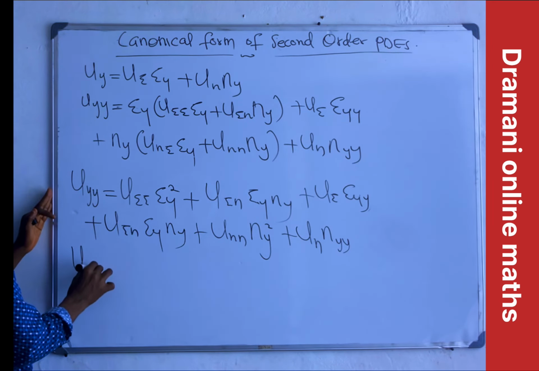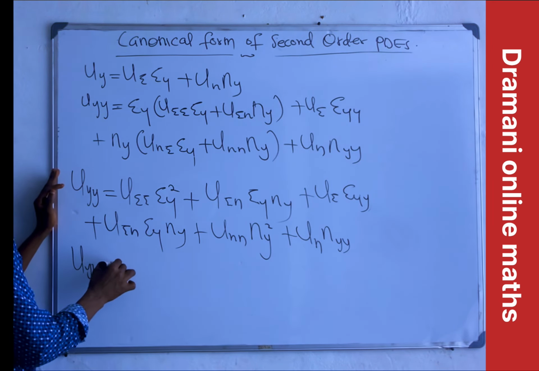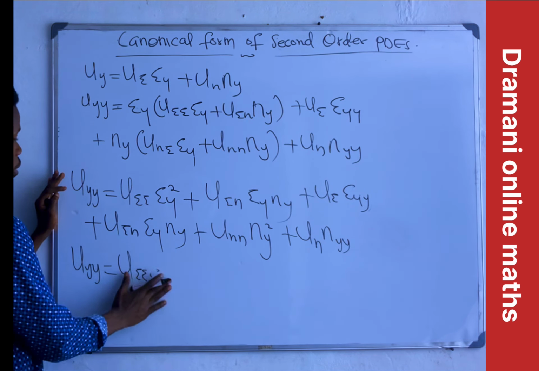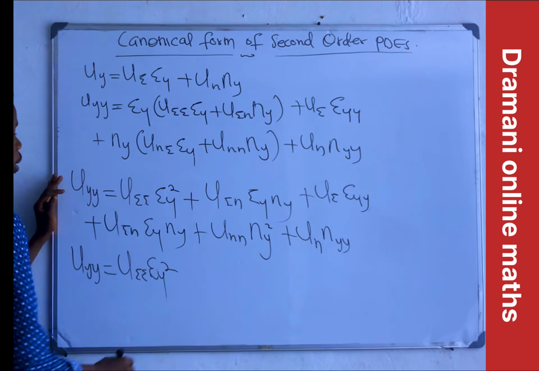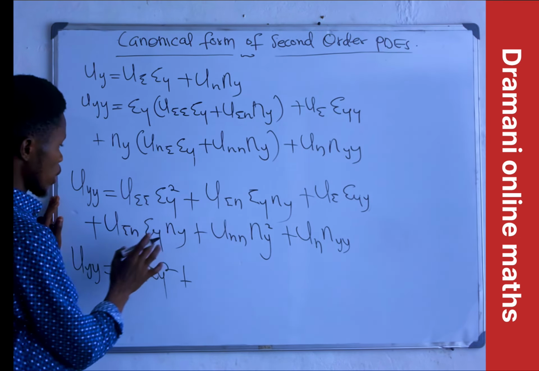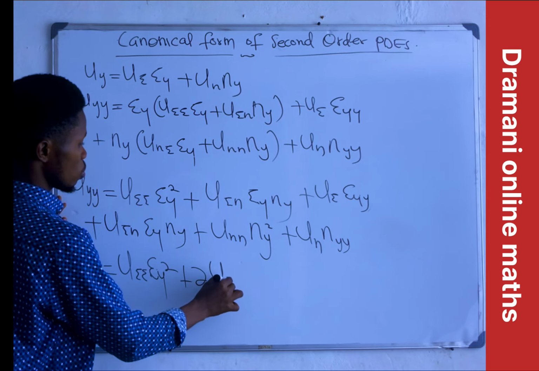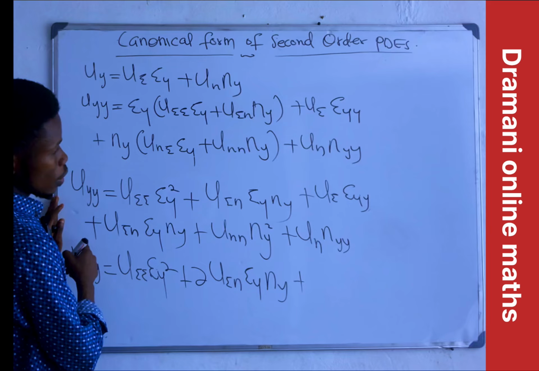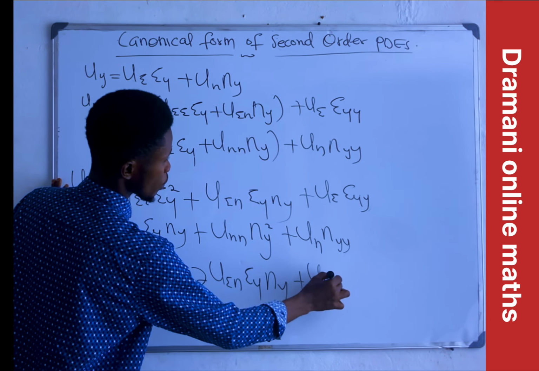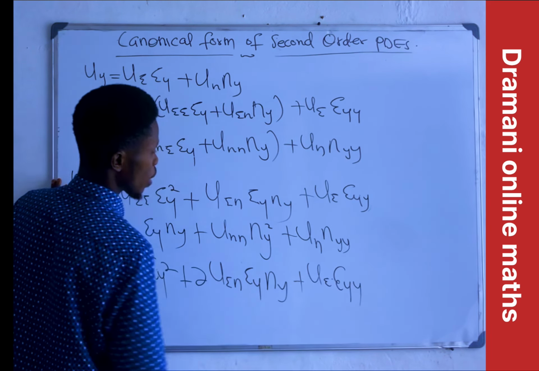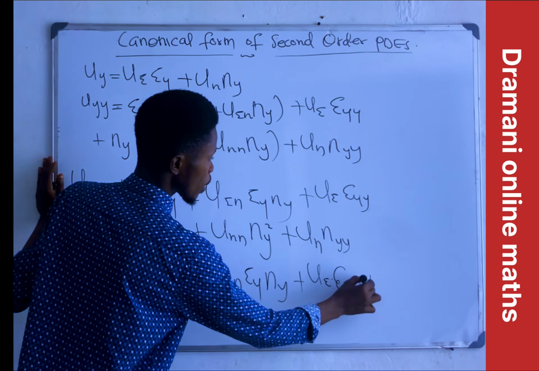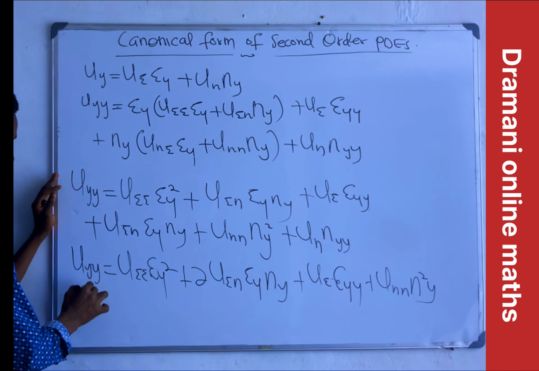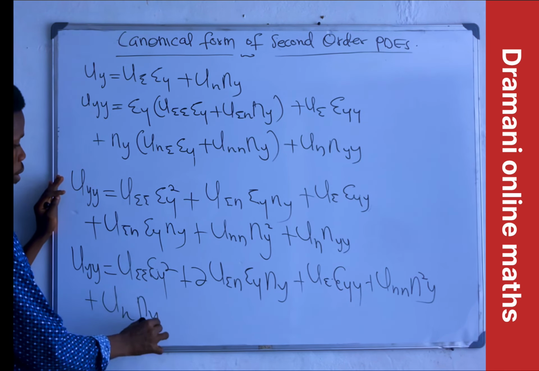So in this case, I have uyy equals uξξ ξy squared plus, now this one and that are the same, so that will be 2 of uξη ξy ηy plus uξ ξyy plus uηη ηy squared plus uη ηyy.